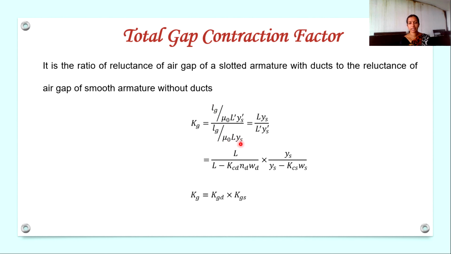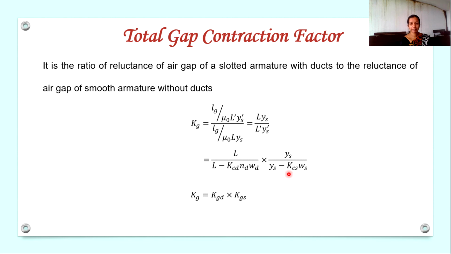So on cancelling the remaining common terms, we will get L into Ys divided by L dash into Ys dash, which is L divided by L dash into Ys divided by Ys dash. So L dash is L minus KCD ND WD. Ys dash is Ys minus KCS WS.